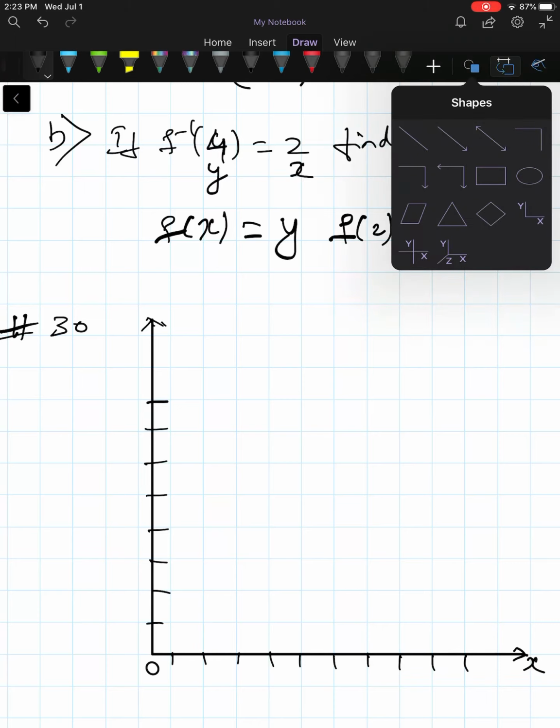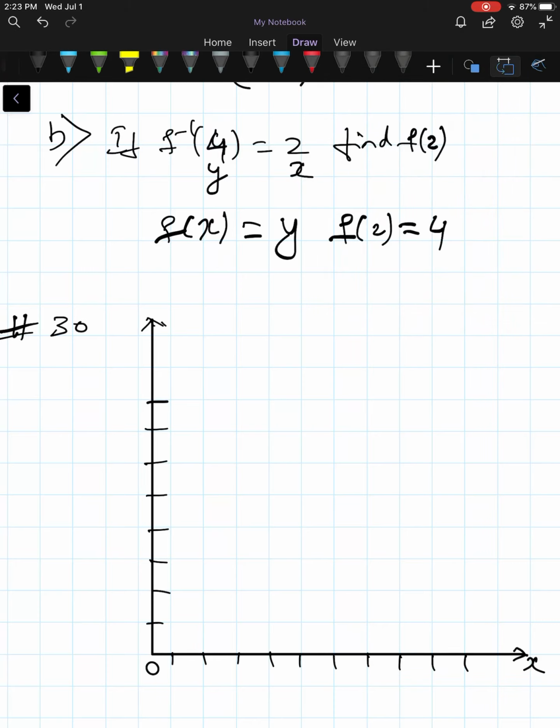Okay, so the graph looks like this. It goes from 0 to 4. This is 1, 2, 3, 4. It reaches here, and after 4 it rises a unit.